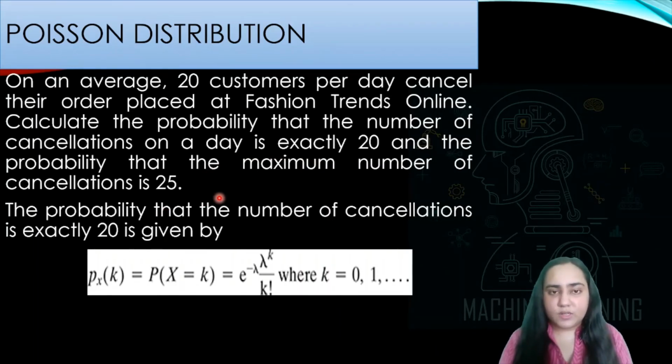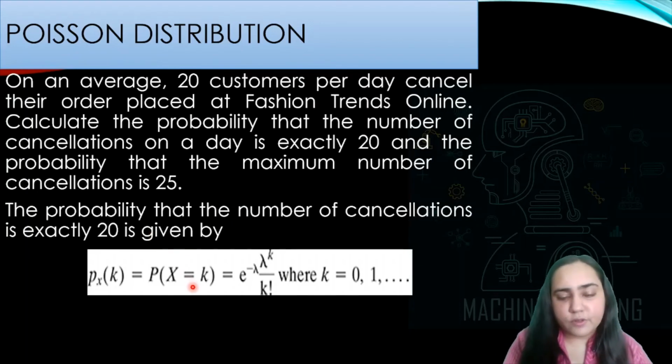So you're given the average number of customers that cancel their orders per day, 20, and you need to find the probability that the number of cancellations would be exactly 20. Not less than 20 or greater than 20, but exactly 20.